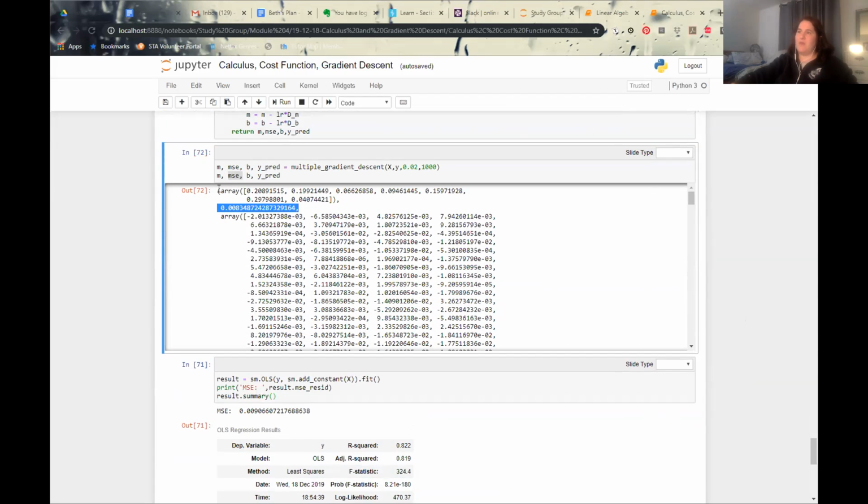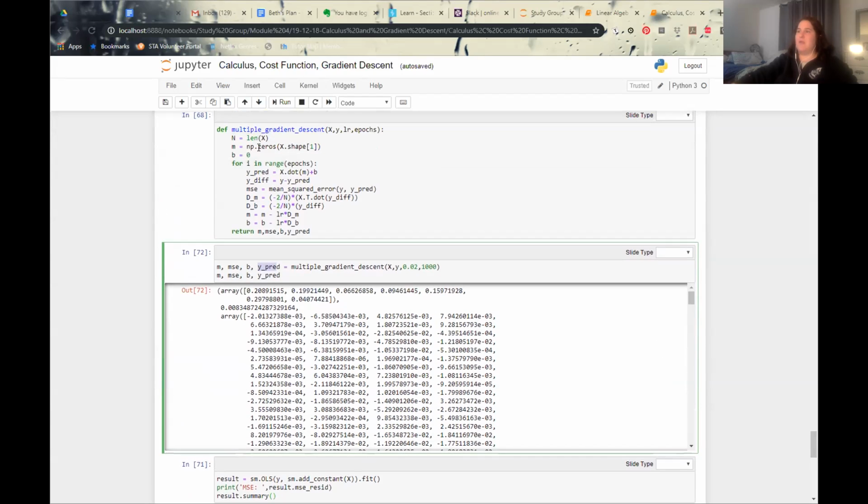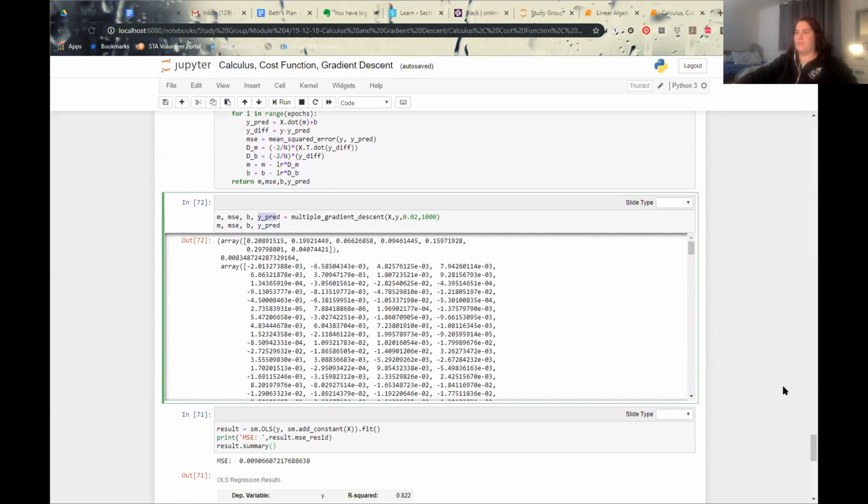The M output that we get is the coefficients, aka the predictors that we're trying to use to determine our target variable. This y pred at the end is just a printout of the last prediction that was made using our for loop here.